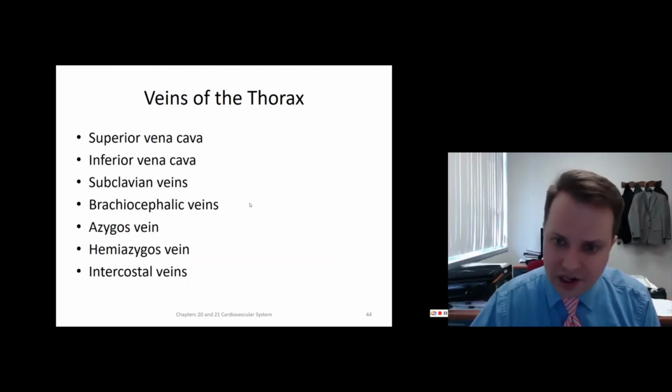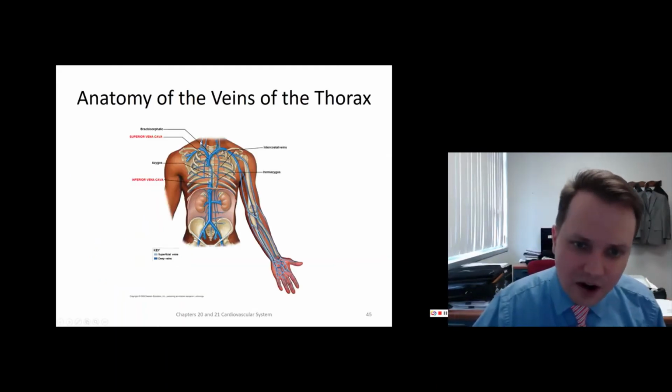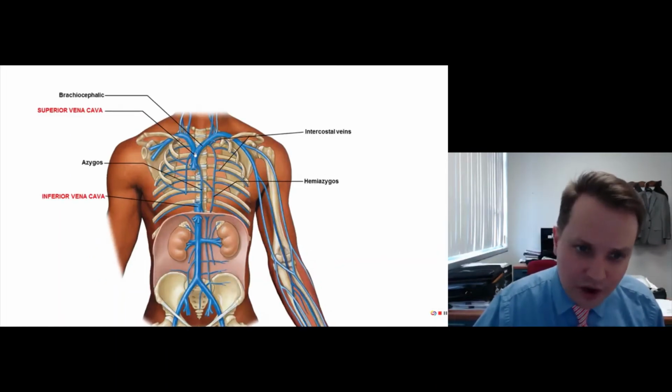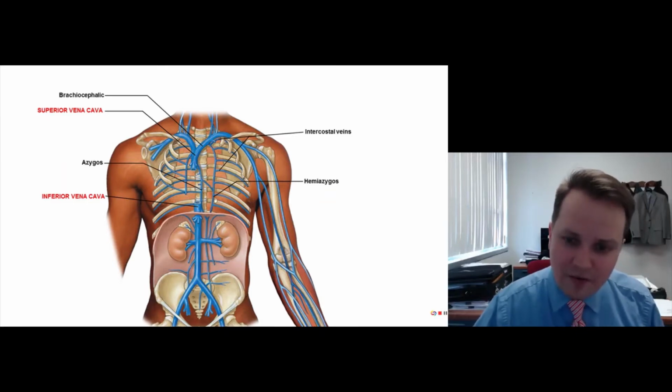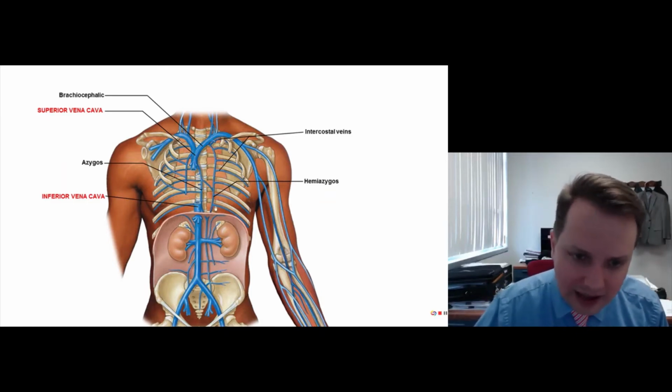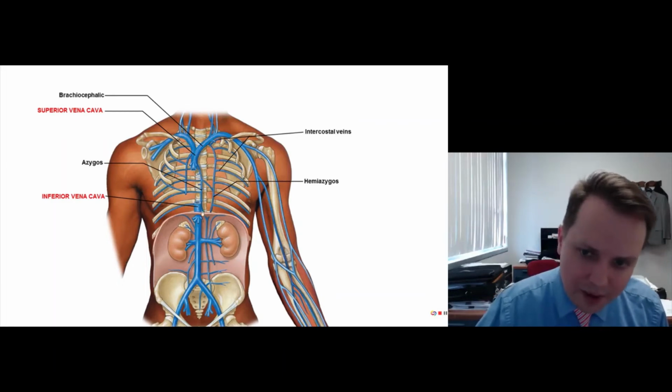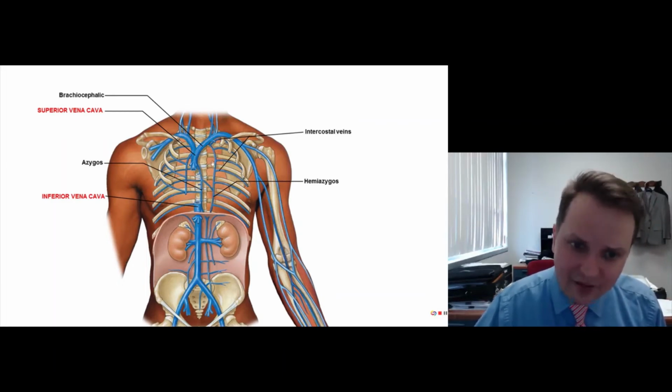So let's go here to this diagram and turn our attention to our superior vena cava receiving blood from all this, and our inferior vena cava receiving blood from all this. Now you can see part of our pair. The hemiazygous and azygous are part of the pair. Hemi, half, azygous, so these are half the pair.